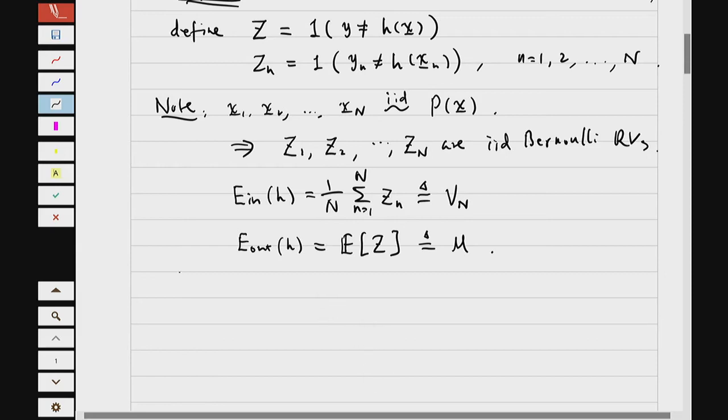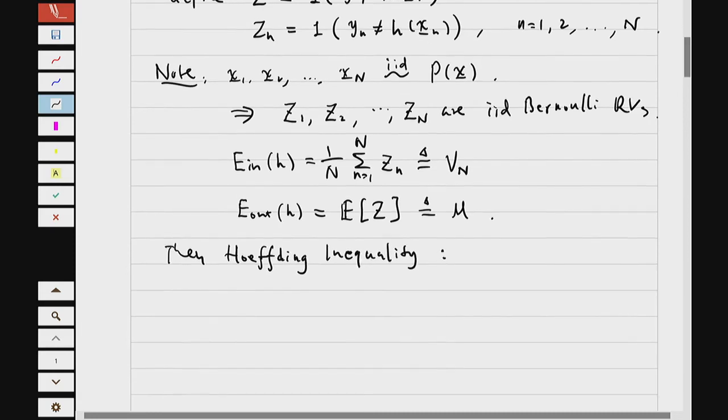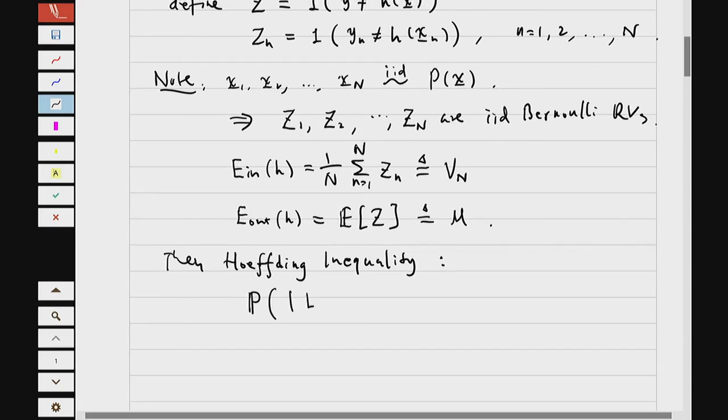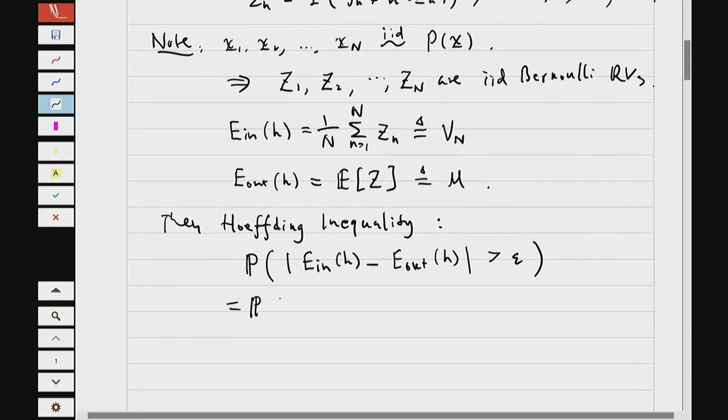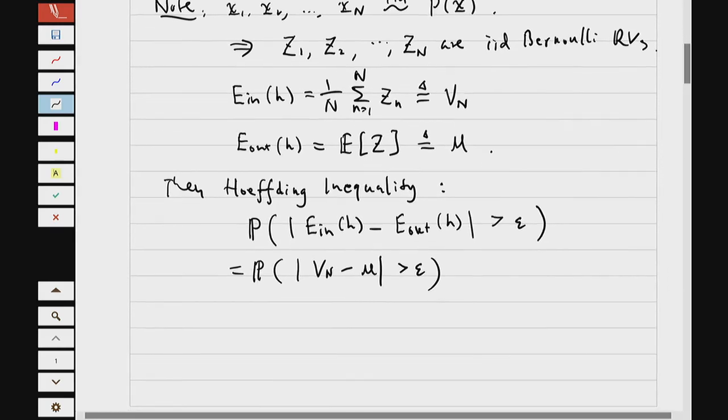In particular, the Hoeffding inequality tells us that the probability that the sample mean is a certain distance away from the true mean, which is E out, the mu, greater than epsilon, is, in the form that we saw last time, the probability of |Vn minus mu| greater than epsilon, upper bounded by 2 times e to the minus 2n epsilon squared.